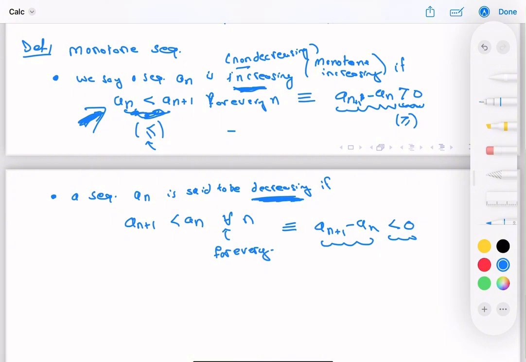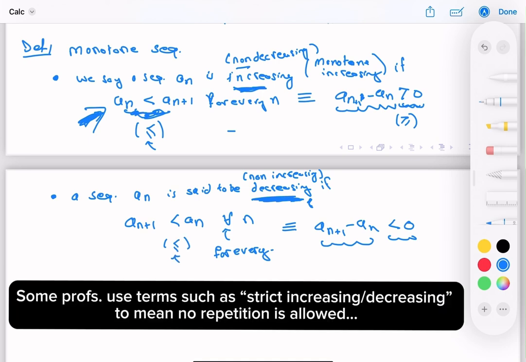Similarly, just as in the case of the increasing sequence, we have a similar definition, which is when we ask for non-increasing, or we use the terminology of a non-increasing sequence. Non-increasing means the same thing except that we allow repetition. So we allow that this is less than or equal, and in this case this is going to be less than or equal.